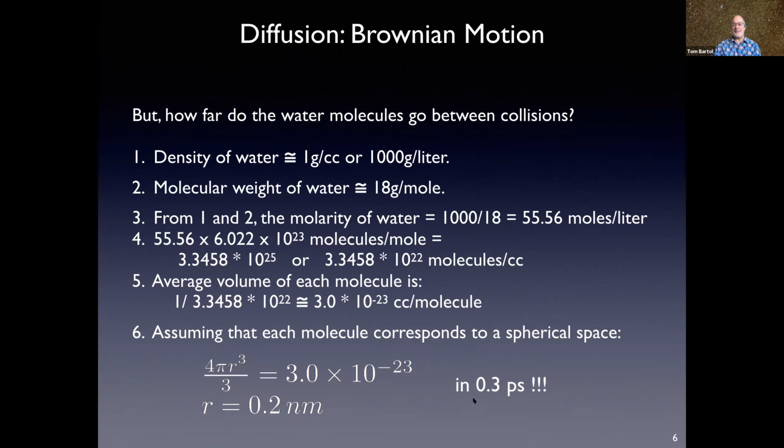We could simulate all this behavior using a molecular dynamics approach, and if we did, the time step of that simulation would have to be finer than about 300 femtoseconds if we wanted to really capture what was going on. 0.3 picoseconds is 300 femtoseconds.